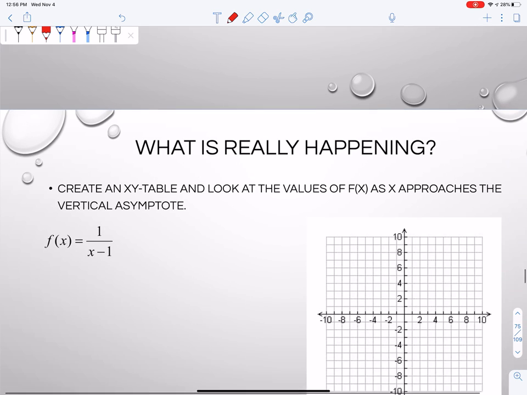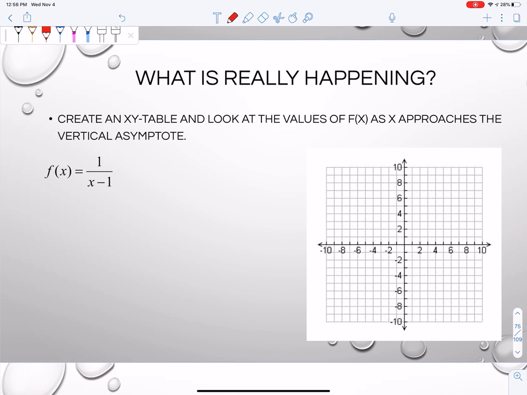Okay. So again, what it really looks like, we can do this in class, but if you're really curious, go in, put this function in, and have your table set start at x equals 1, which is where our vertical asymptote is going to occur here. We're going to end up with a vertical asymptote here at x equals positive 1.